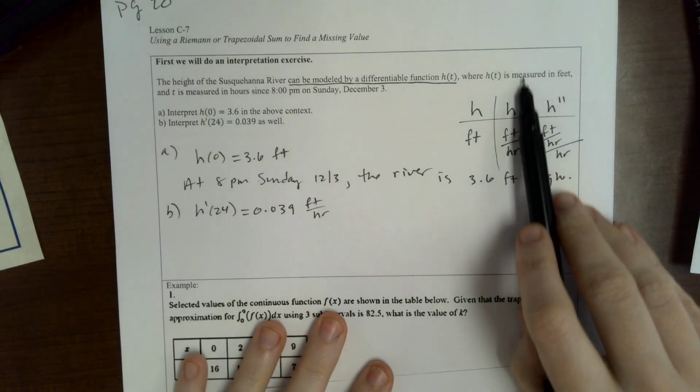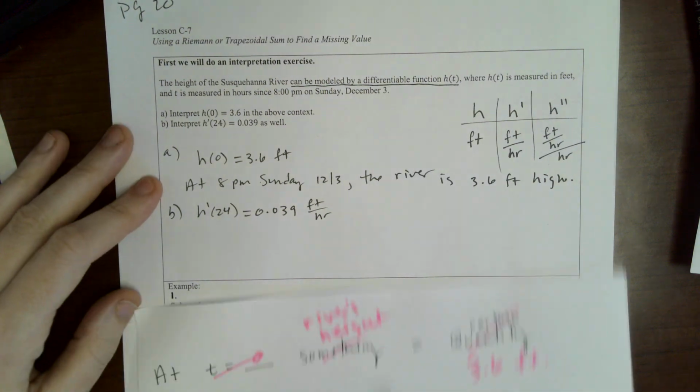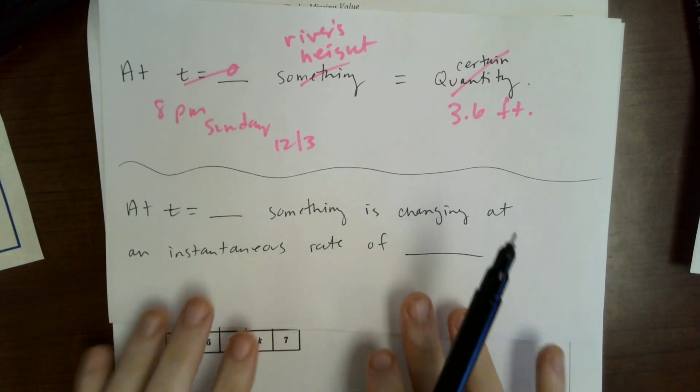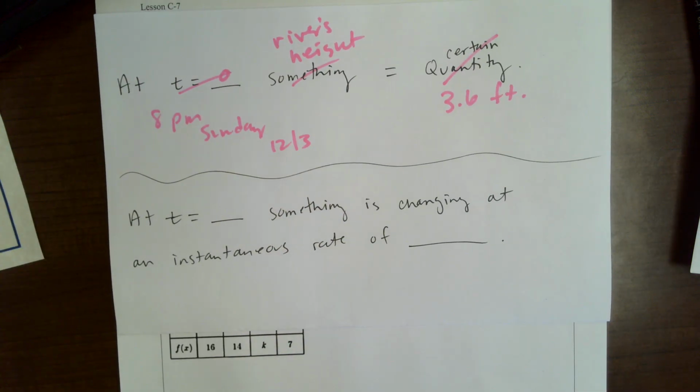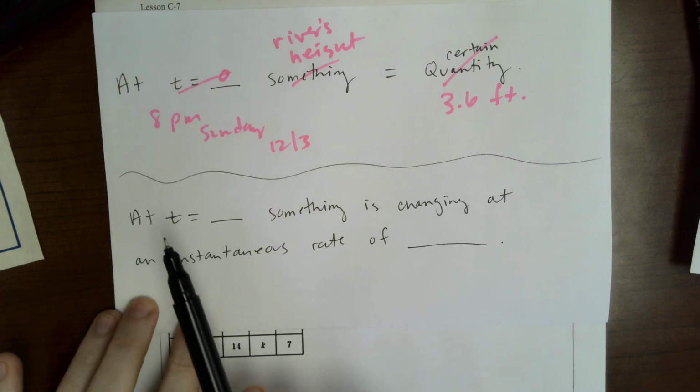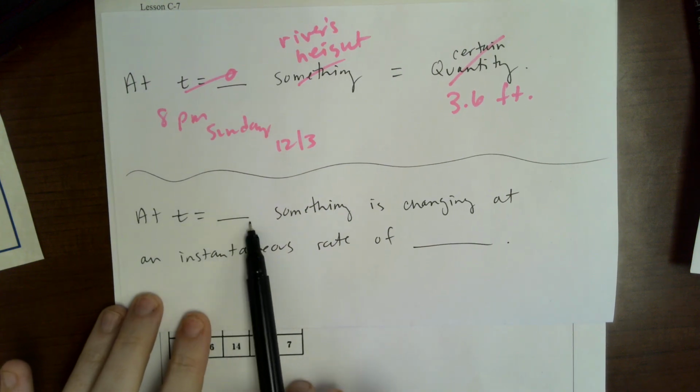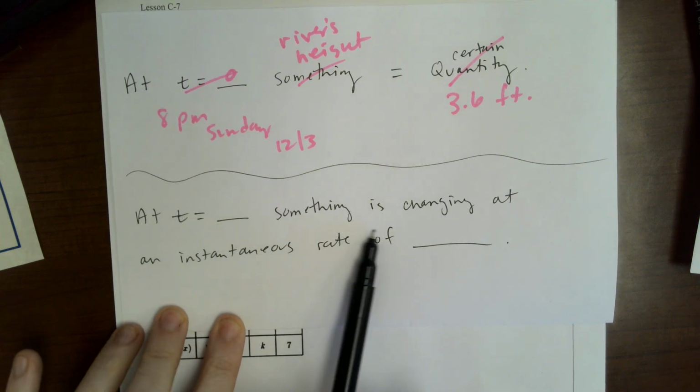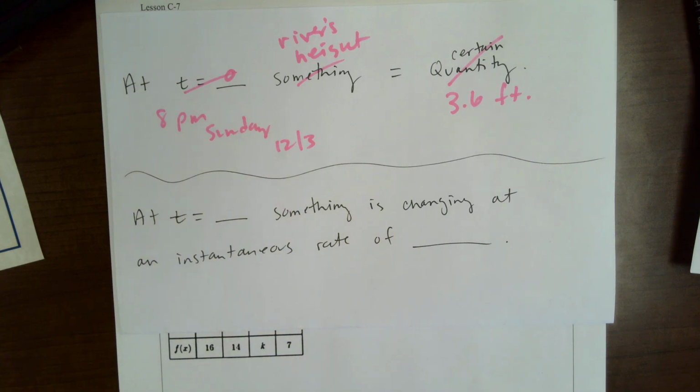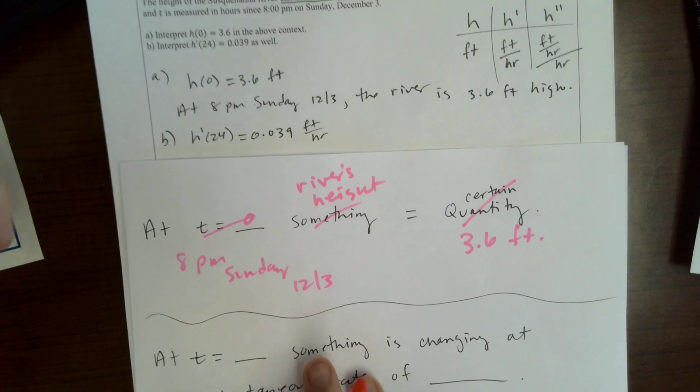Okay, and if you're interpreting the first derivative, it'll go something like this. So at t equals, and this is IROC, this is the same thing as IROC. At t equals blank, something is changing at an instantaneous rate of blank. Okay, so we're interpreting IROC, by the way.